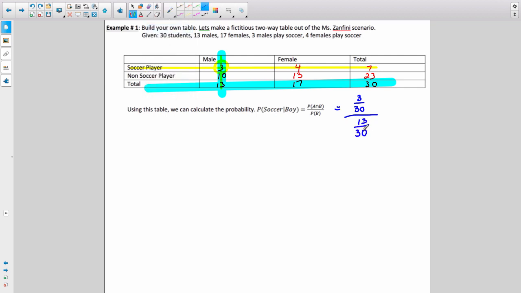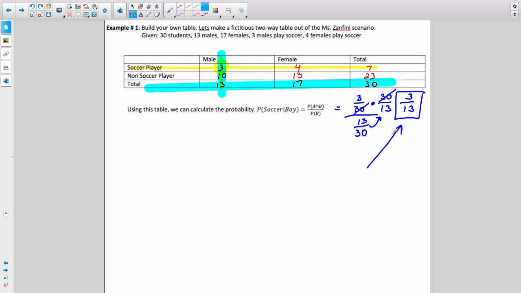Now you remember how to divide fractions. Keep, change, flip, or multiply by the reciprocal. So let's bring this up here and say multiply by 30 over 13 and check out what happens. 3 out of 13. So that is the probability of choosing a soccer player having already picked a boy.